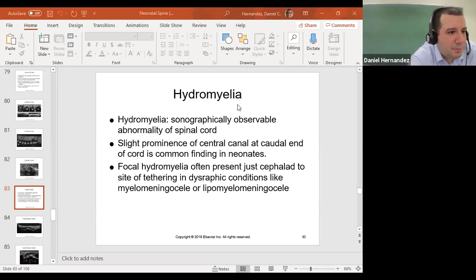So hydromyelia can be a sonographically observed abnormality of the spinal cord. A slight prominence of the central canal at the caudal end of the cord is a common finding in neonates. So focal hydromyelia often presents just cephalad to the site of tethering, and is seen in dysraphic conditions like myelomeningocele or a lipomyelomeningocele.